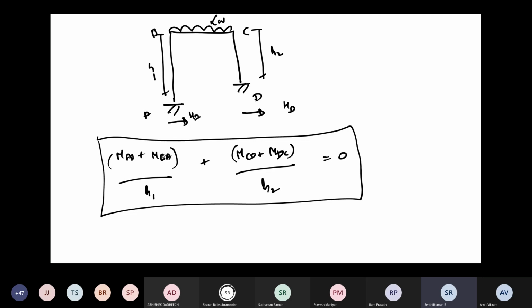So no need to think about the sign conventions and all. Just remember one thing: whenever you are going to derive the generalized form, keep everything in the positive direction. That will be easy for you. Then only if something is changing in direction, you can put a negative value there. So this is the one kind of equation.